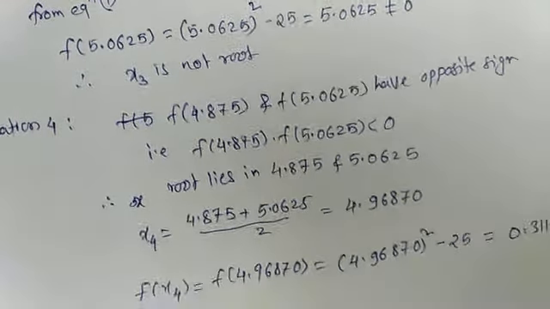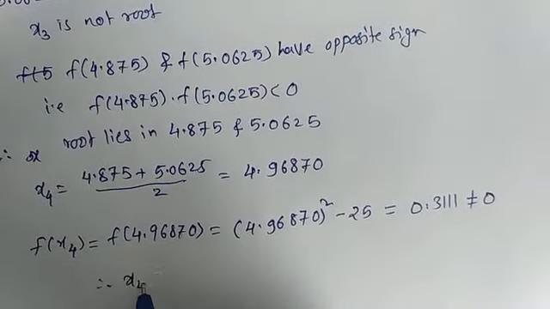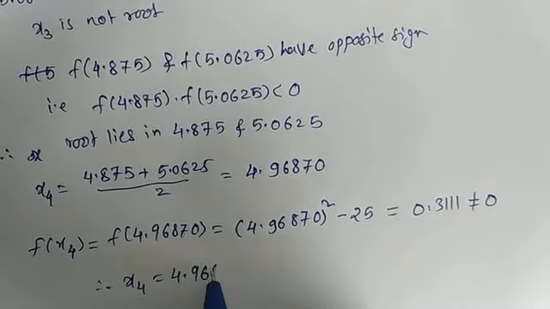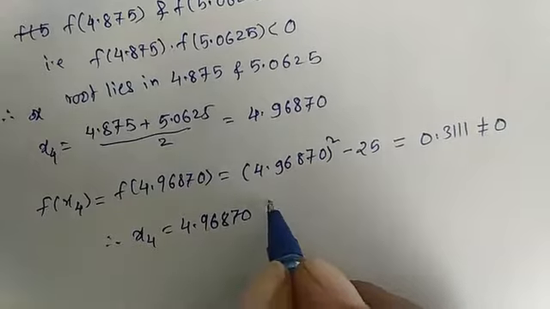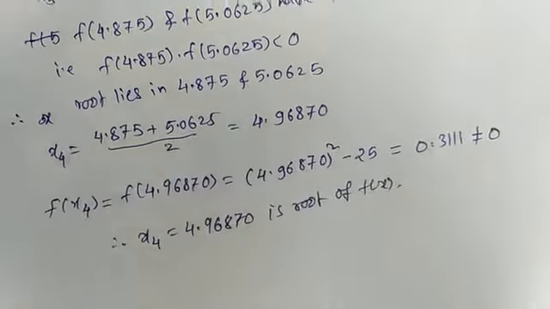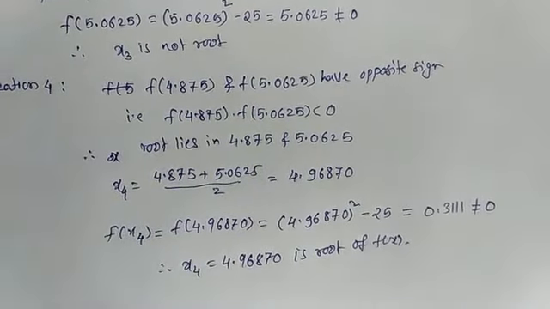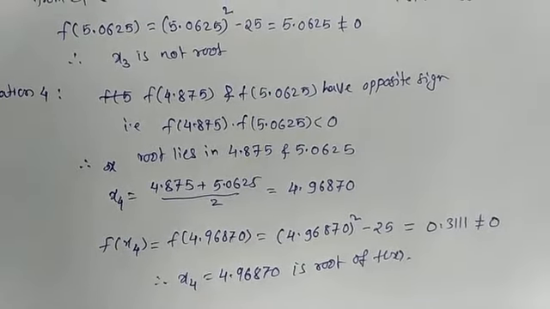It is not equal to 0, but it is approximately equal to 0. So you can say that x4 equal to 4.96870 is a root of f of x. This is the process for solving the example. Thank you. For today we will see the next example in the next lecture.